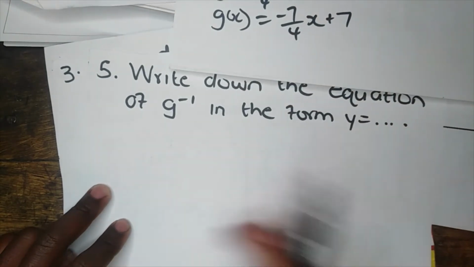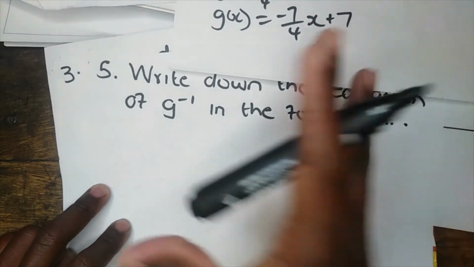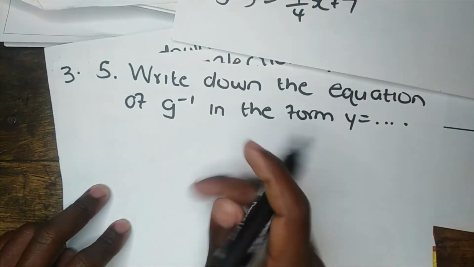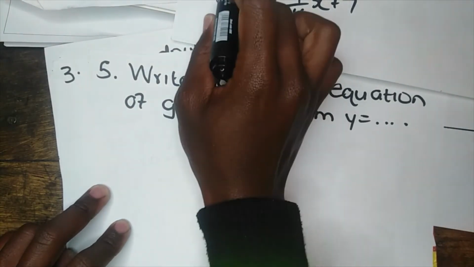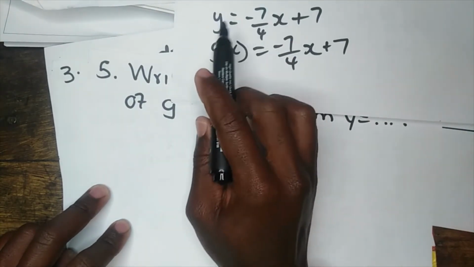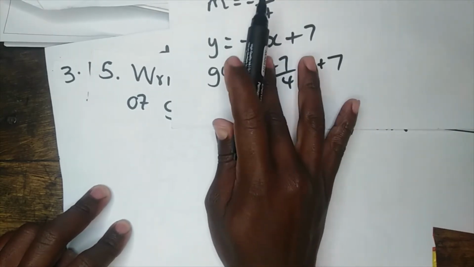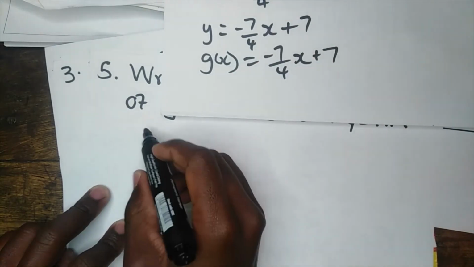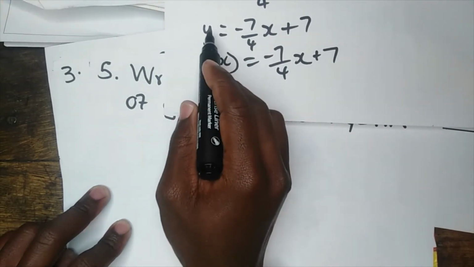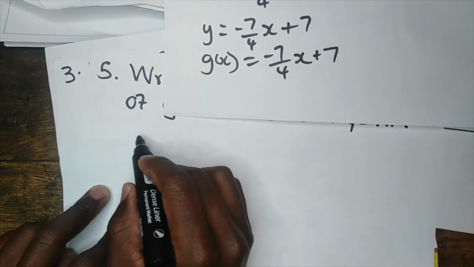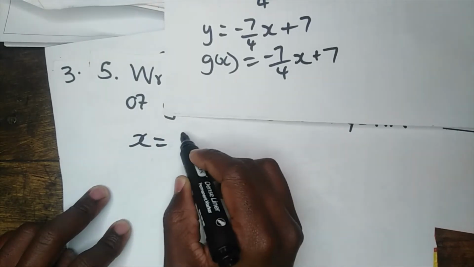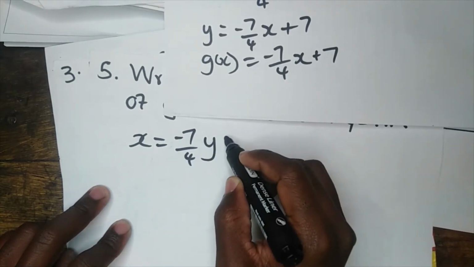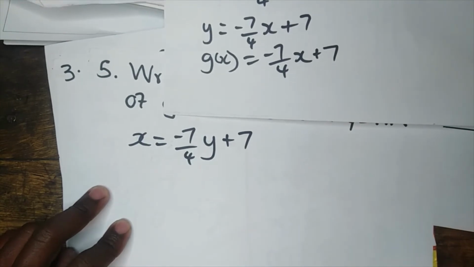It's simple, guys. You only swap the variables. That is all you do. Since we know here is y and x, you swap the variables only. So instead of y you put x over 4, and instead of x you put y plus 7, right?